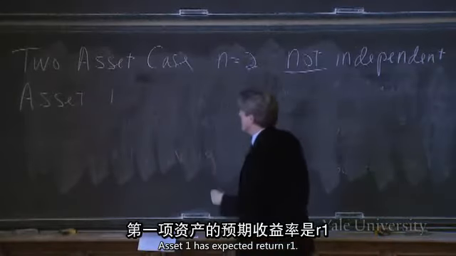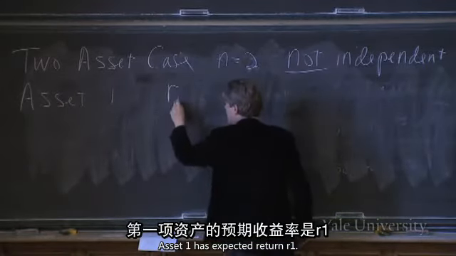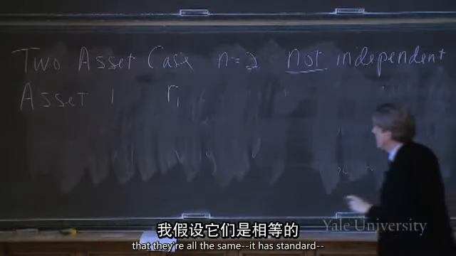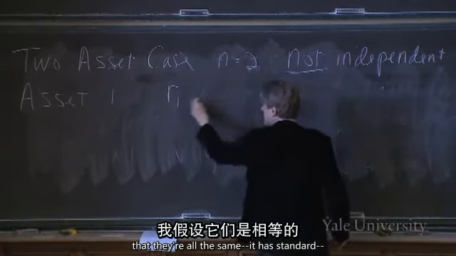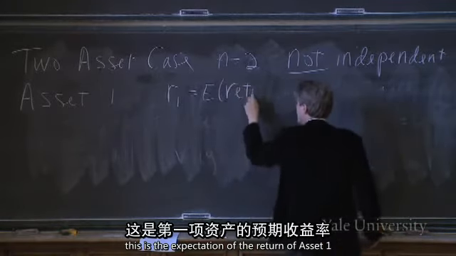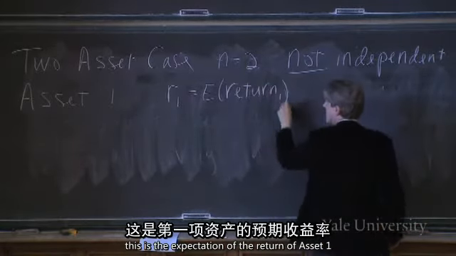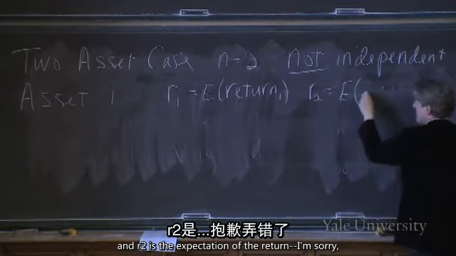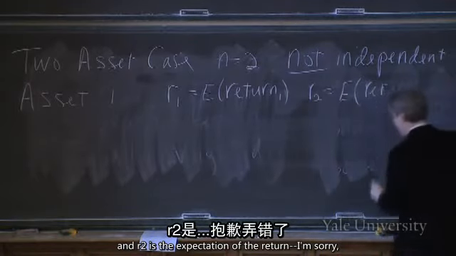So asset 1 has expected return R1. Now this is different. I was assuming a minute ago that they're all the same. This is the expectation of the return on asset 1. And R2 is the expectation of the return on asset 2.